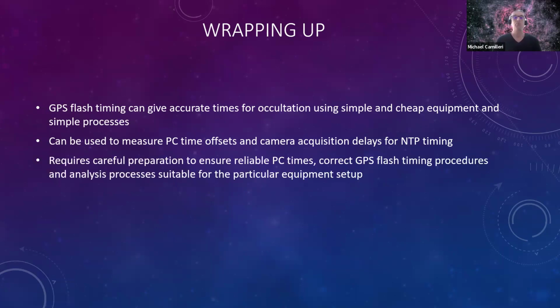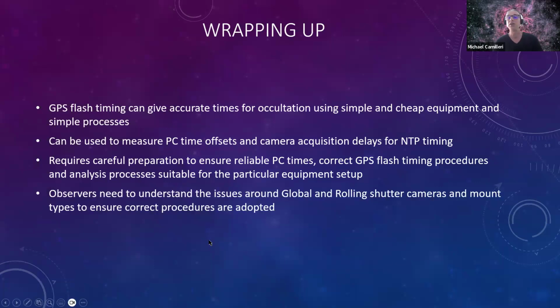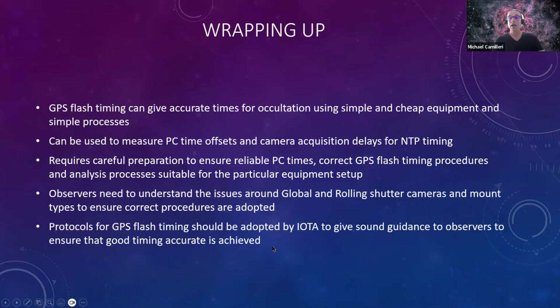You do need to set up your PC carefully so you get reliable PC times, follow correct procedures and processes, and understand how your equipment is working so you can make the right decisions and adopt the right procedures and protocols. My opinion is it's time for us to explore this fully so that we can adopt some proper guidelines by IOTA and update some of our observation practice materials. Right, thank you.